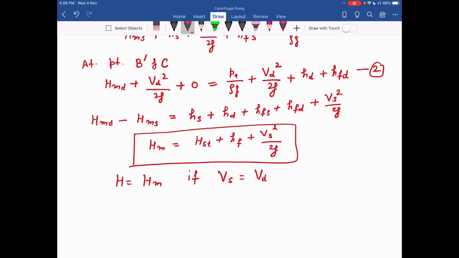The difference between these two is very negligible, so you can say both are synonymous to each other. In other words, if the diameters of the suction pipe as well as the delivery pipe are the same, then we have Vs equal to Vd. In that case, my total head is equal to the manometric head. So the both terms H and HM are synonymous to each other.